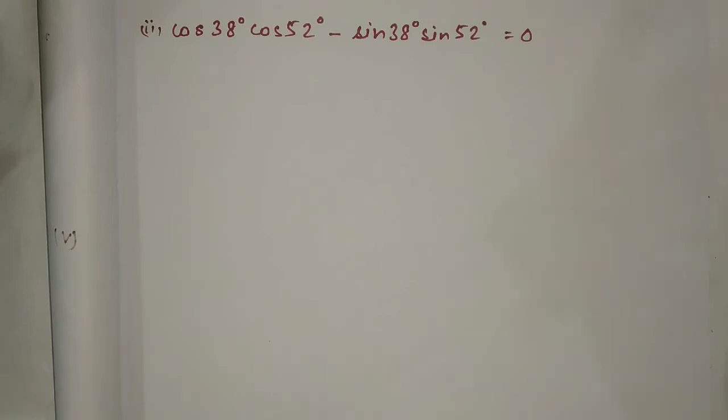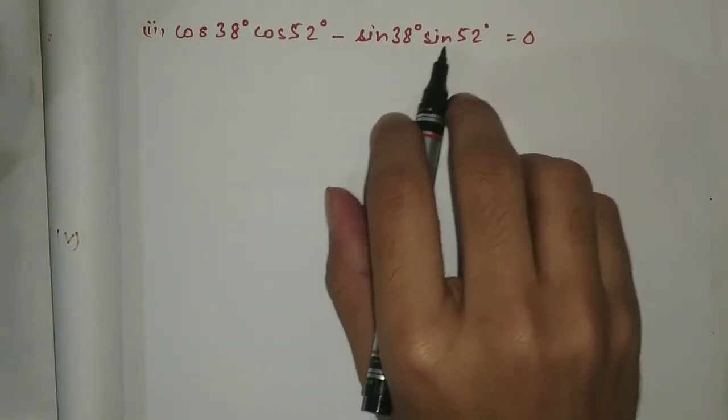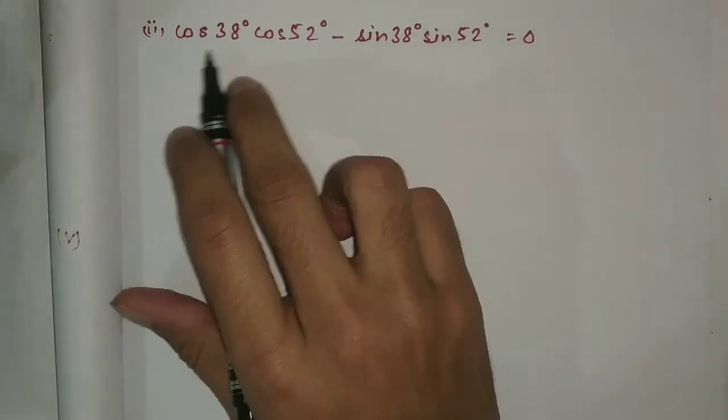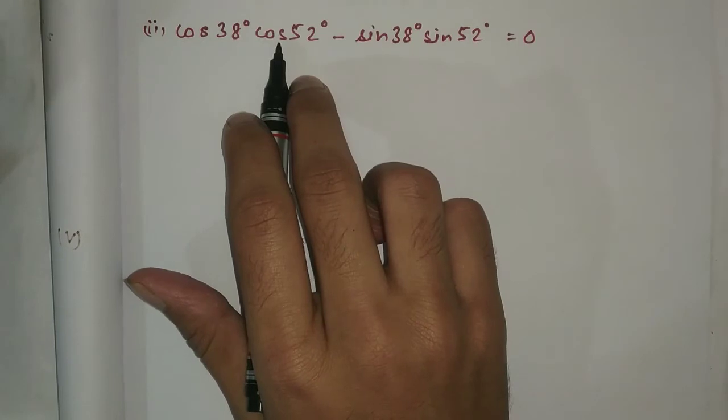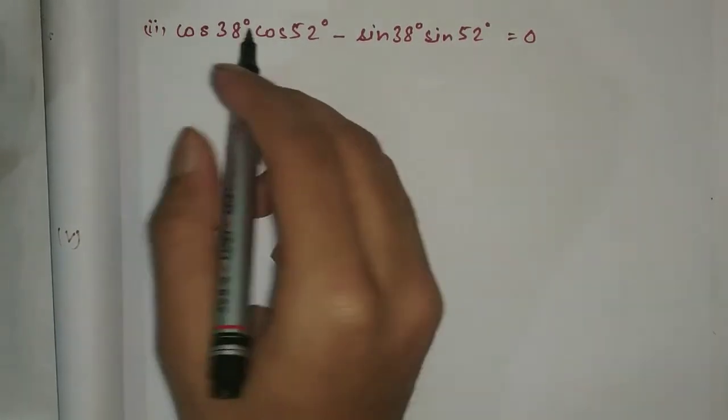Now the next problem, which is cos of 38 into cos of 52 minus sin of 38 into sin of 52. Now either what we do is convert both cos in terms of sin, or we convert both sin in terms of cos.